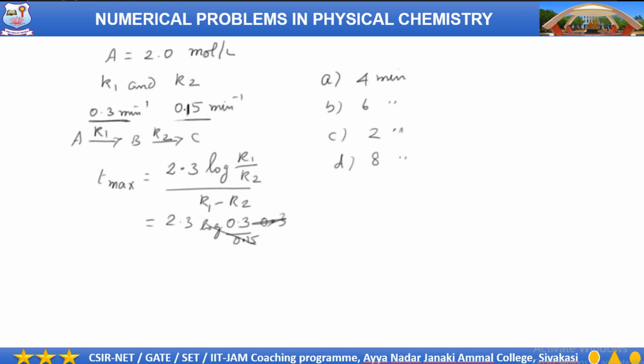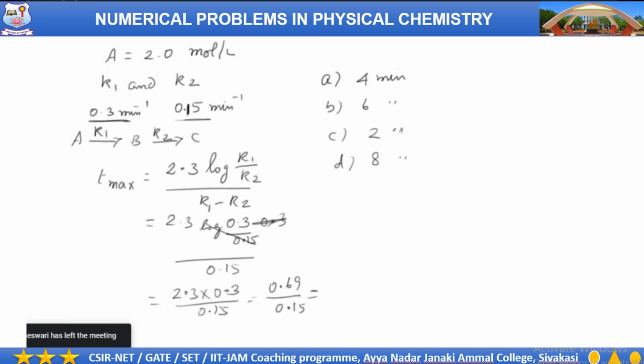Now, by K1 minus K2, 0.15, equal to 2.3 into 0.3 by 0.15, equal to 0.69 by 0.15. Nearly how much? The answer is 4.6.